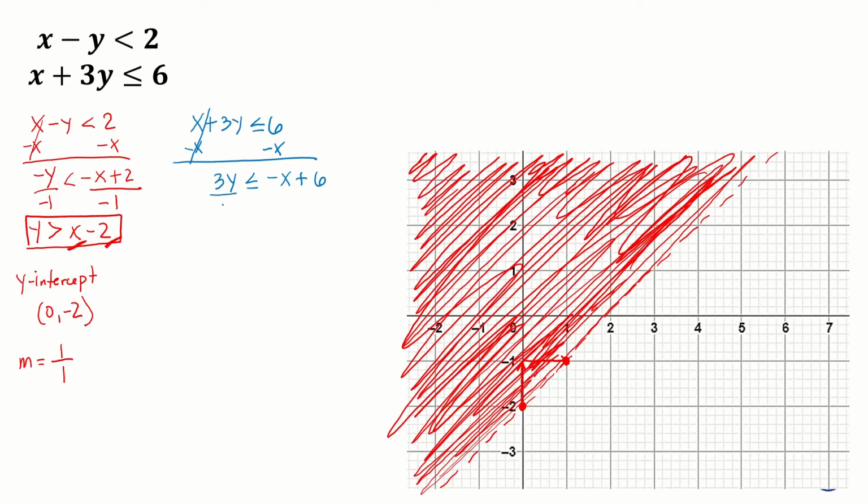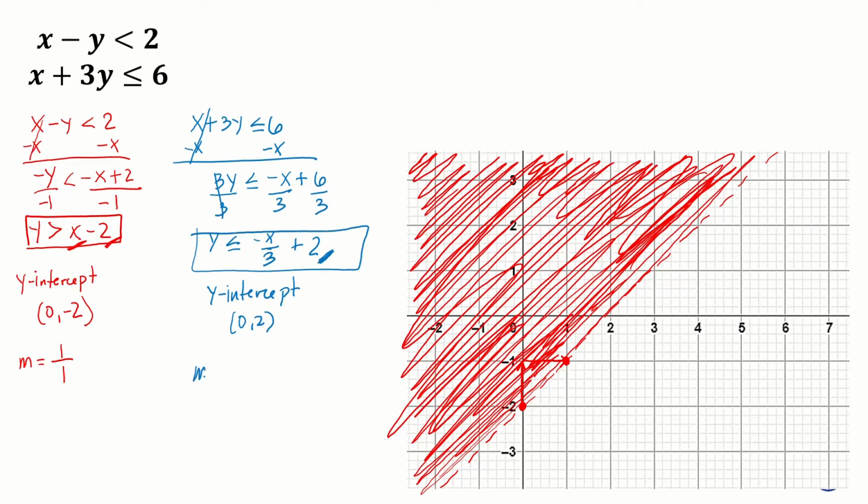Then I'm going to divide by 3 on both sides, so y is less than or equal to negative x over 3 plus 2. Then we need to find the y-intercept and the slope. The y-intercept is at (0, 2). It's this one, right?